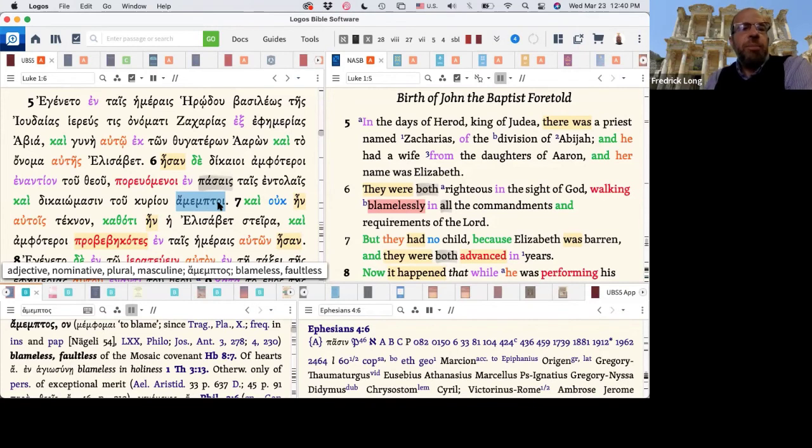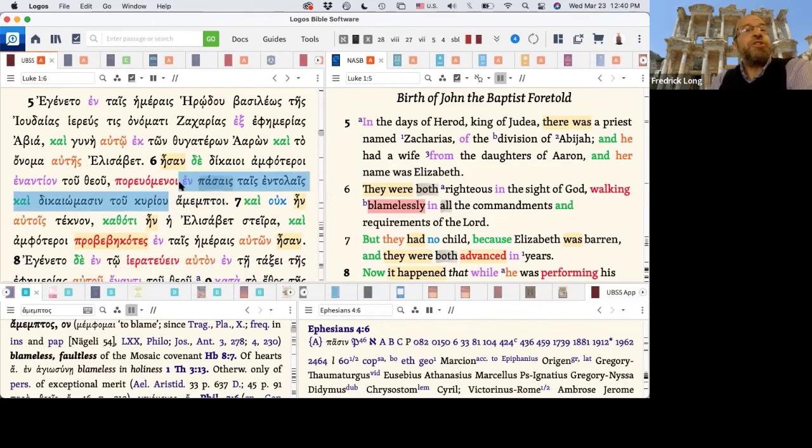So these are upright people walking in all the commands and righteous requirements of the Lord. Now, does this mean that they were sinless, or does it mean that they recognized their poverty and did all that they needed to do in terms of sacrifices and so on?